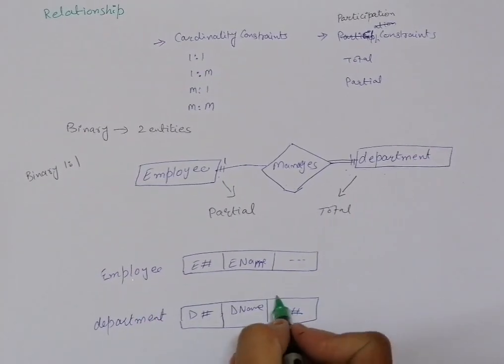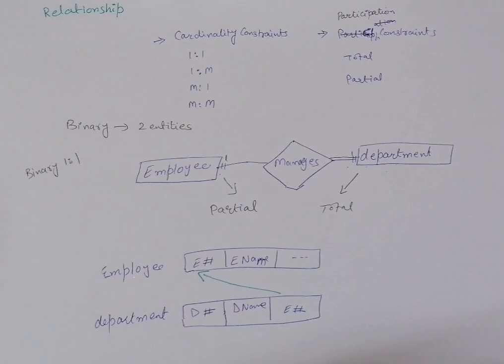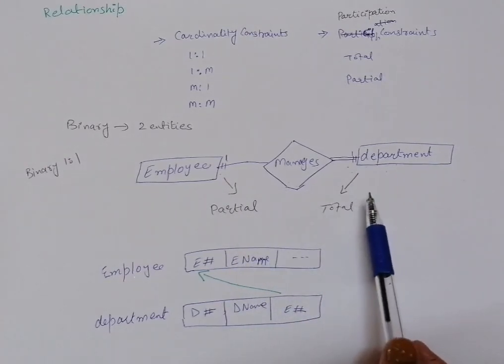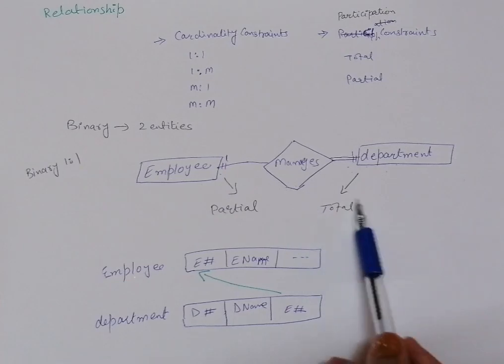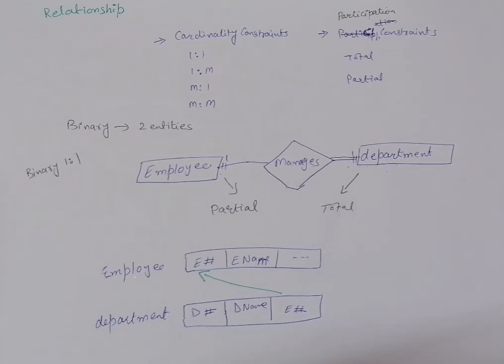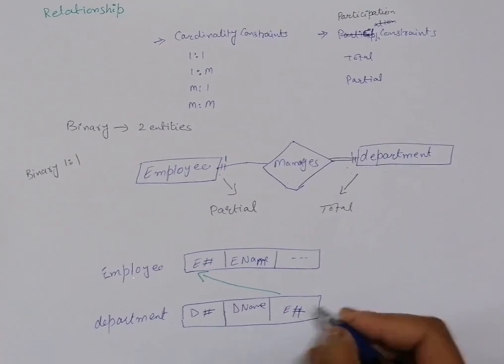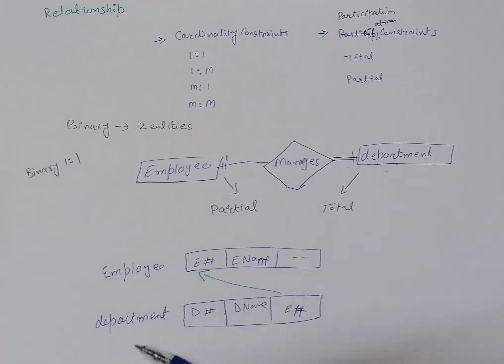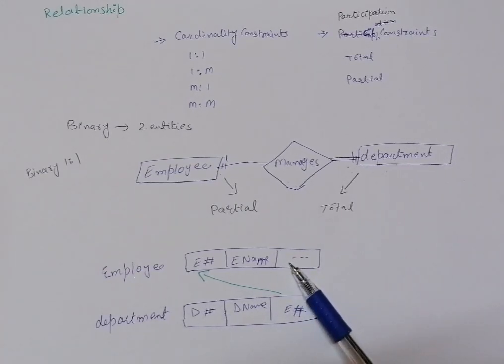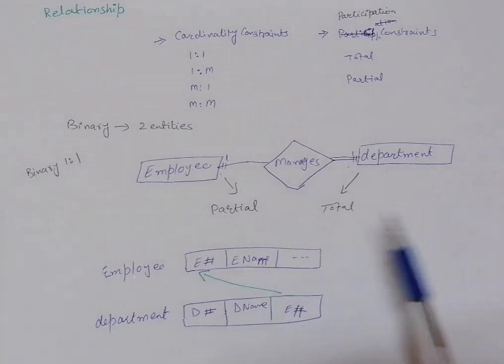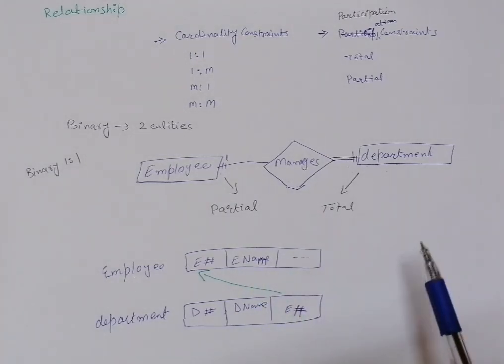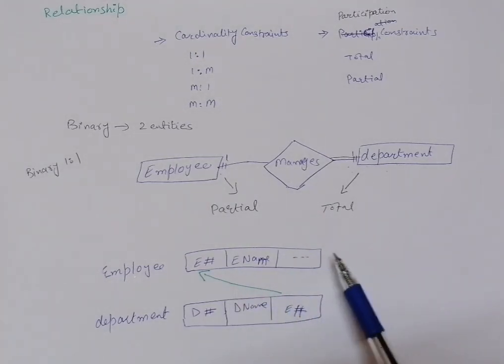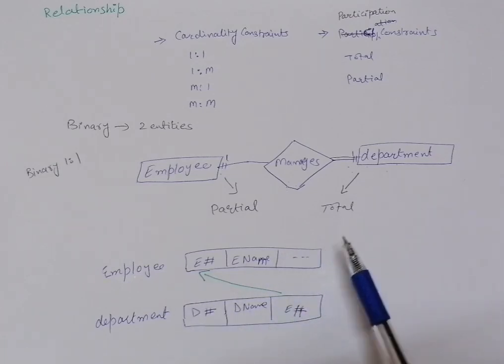This key came from this employee ID, and what have we done? We made the primary key of the partially participating entity a foreign key in the entity whose participation constraint is total. Why have we done this? Because you can see that if I make the department number a foreign key in the employee table, then I have to add the department number or the manager ID in front of each and every employee, which takes more memory.